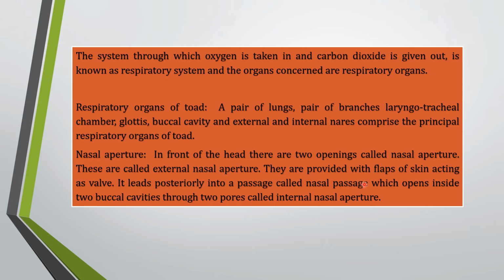They are provided with flaps of skin acting as valve. It leads posteriorly into a passage called nasal passage which opens inside two buccal cavities through two pores called internal nasal aperture. So hope you have understood the nasal aperture structure.